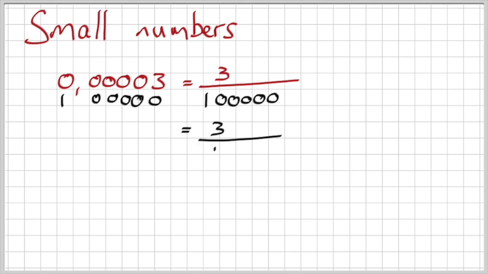Now, 100,000 is 10 to the power of 5, because that is again 10 times 10 times 10 times 10 times 10. And by doing some magic, it's actually 3 times 10 to the negative 5, because it is divided by.